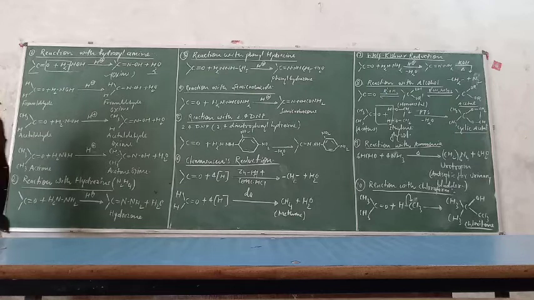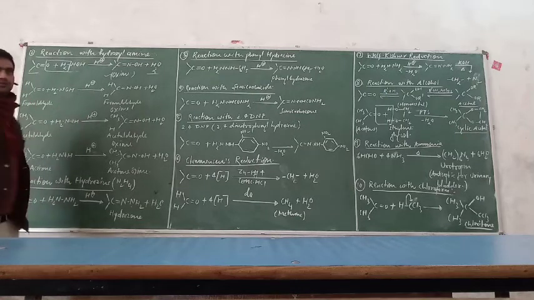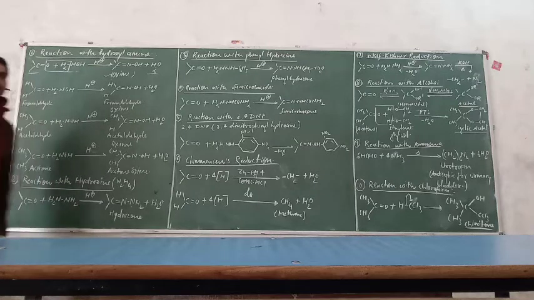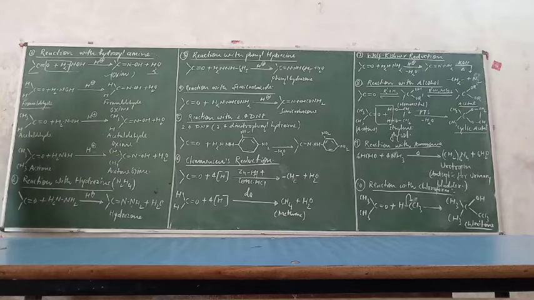Clear? Suppose you have to write this equation for an example, then take the remaining valency of this carbon. You will put hydrogen and hydrogen here, then the formula will be HCHO, and this formula indicates the compound formaldehyde.